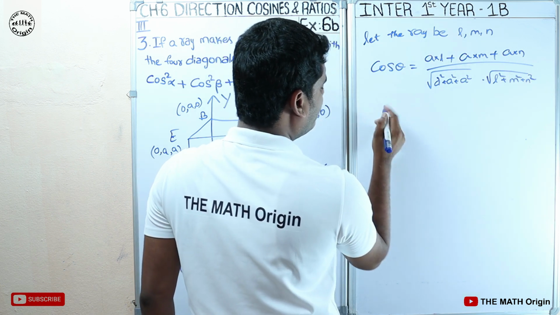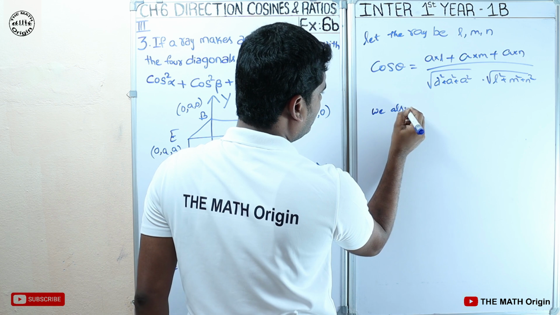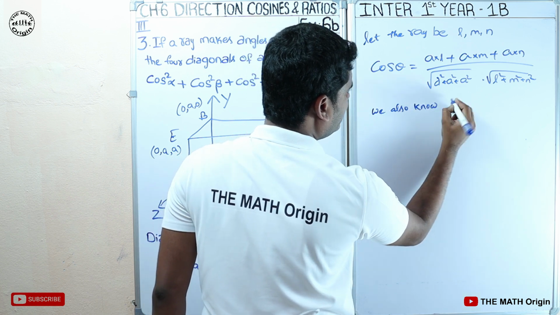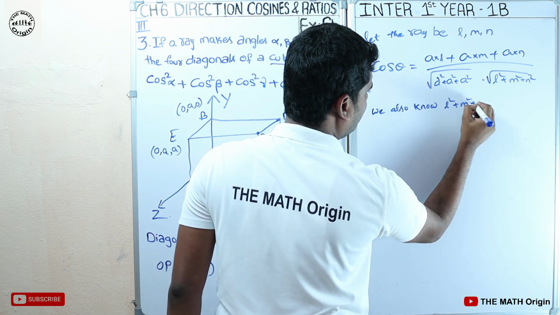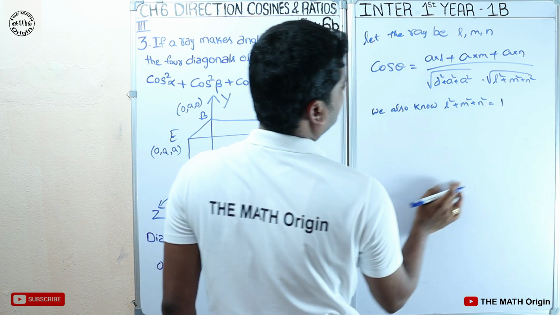From this we also know l square plus m square plus n square is equal to 1.